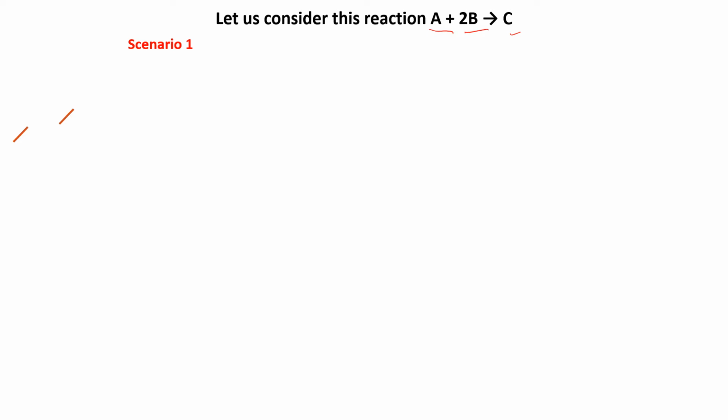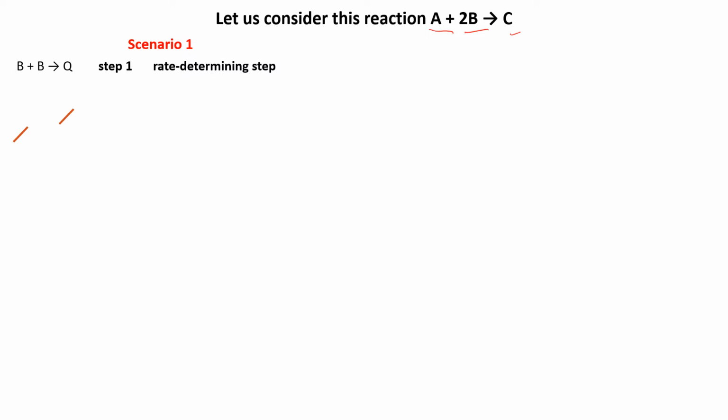Let's suppose that this is not a single step reaction and we have 2 steps for this reaction. Scenario number 1, we could say that B plus B gives Q as step 1, and we have enough experimental data to tell us that this is the rate determining step.